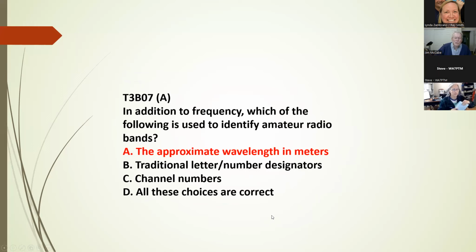In addition to the frequency, what is used to identify amateur radio bands? Most bands are identified by wavelength in meters, particularly in high frequencies. Somebody says, well, I contacted them on 20 meters, or it's really terrible on 80 meters tonight, or yeah, 17 meters was really working well for me today.